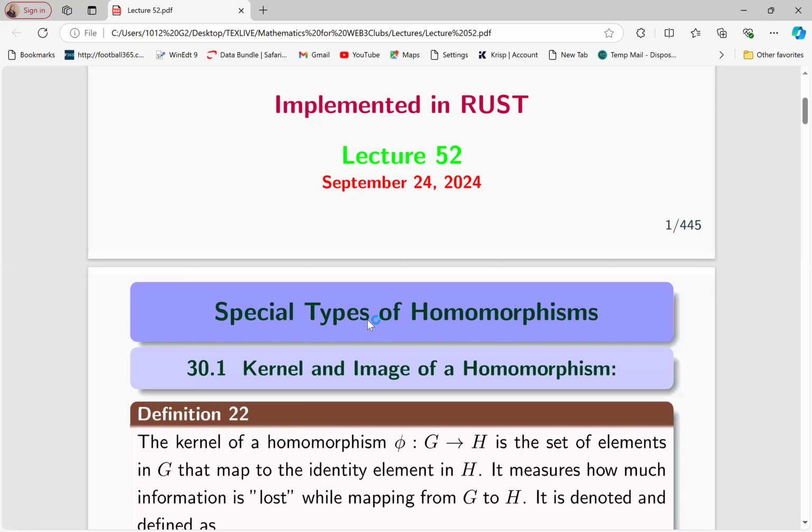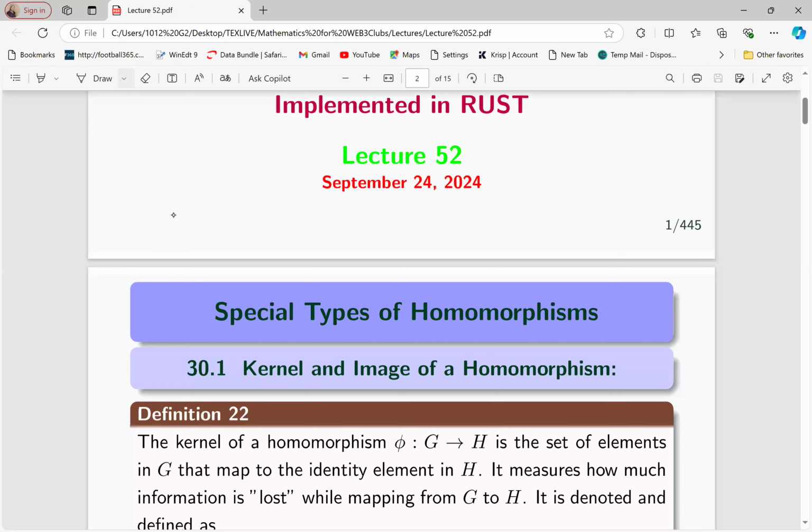The condition that we talked about is that this mapping would map a dot b, where this dot would mean either addition or multiplication, to phi of a and then phi of b, where again the star here would mean either addition or multiplication.